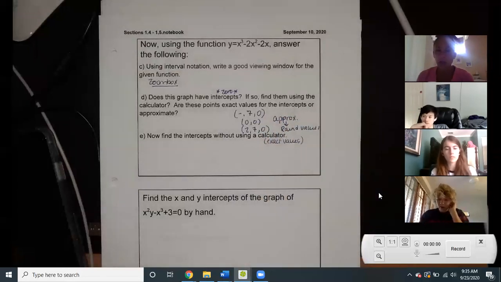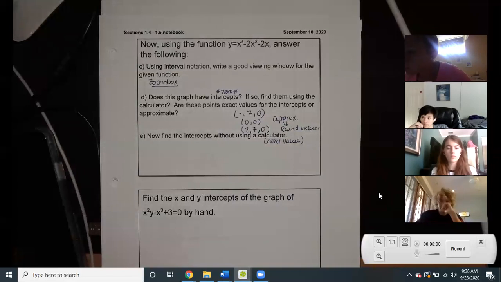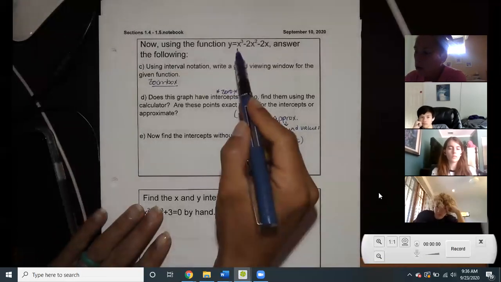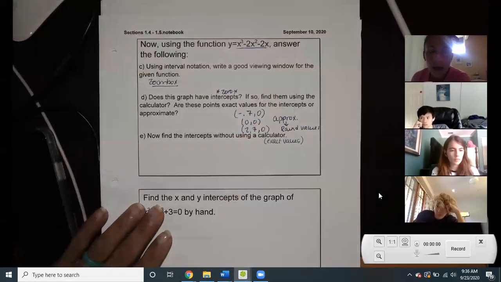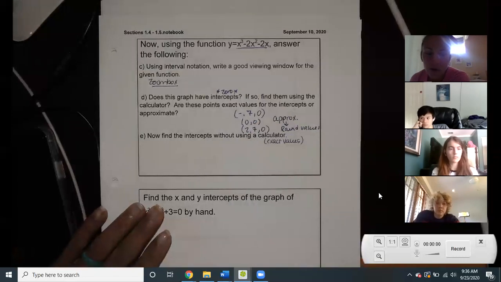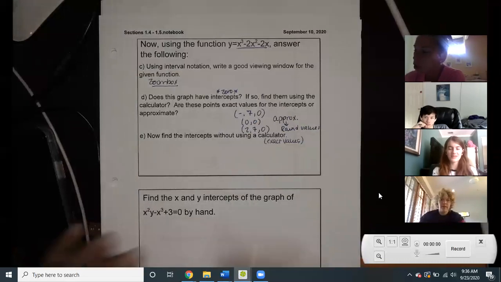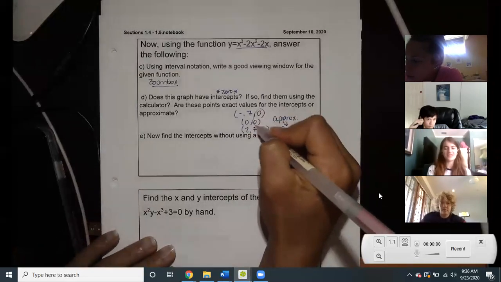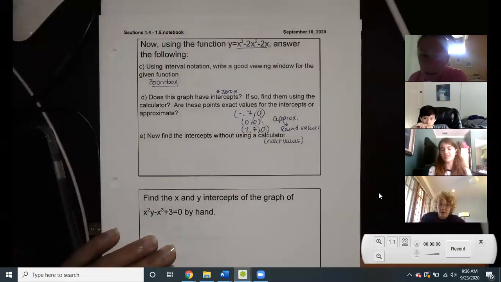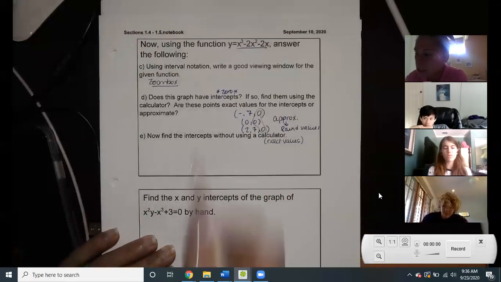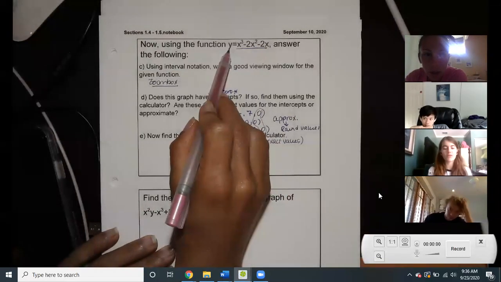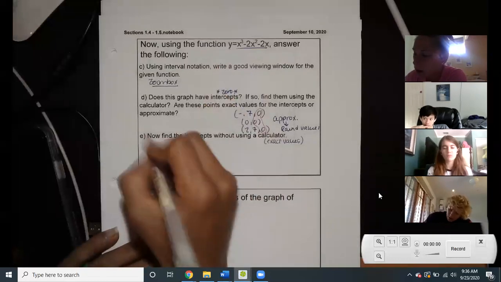Okay, so for exact values, how would I go about using that equation to find exact values for x-intercepts? How would I do that? Wouldn't you factor it out and then set equal to 0? Perfect. Yes, that's exactly what I want to do. So if you notice all of these values right here, the y coordinate is 0. So exactly what Noah said, I'm going to plug 0 in for y.